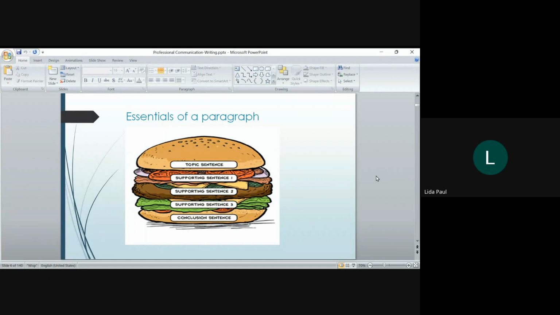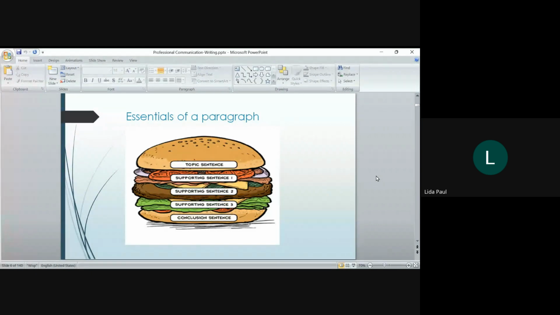The basic essentials of a paragraph would include mainly three parts, which are the topic sentence, right? Topic sentence, not sentences, supporting sentences, and the concluding sentence. This is how it looks.